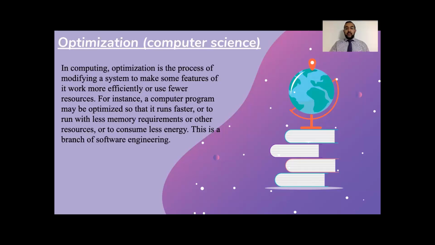In other words, a computer program may be optimized so that it runs faster, or it requires less memory, or it requires less energy. All of these things are optimizing your system. This is a branch of software engineering and computer science as well.